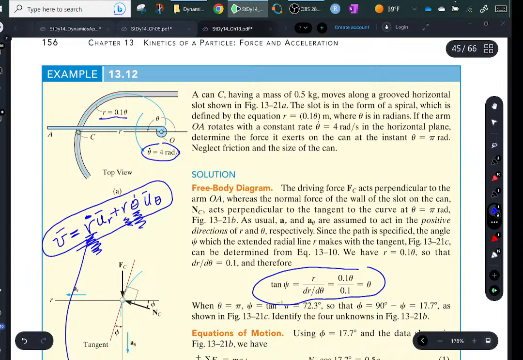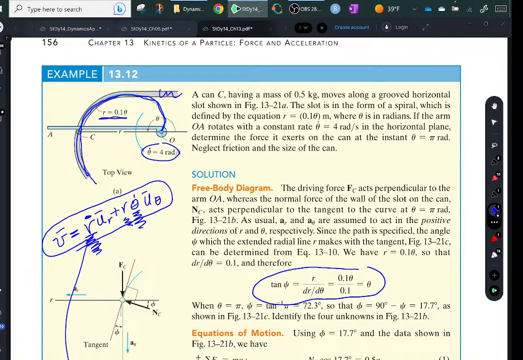This is r. Okay, so can C is a mass that moves along the groove horizontally. The slot forms a spiral. Okay, so he's saying it's doing like that. So he's showing this other part, but he's saying it's this.